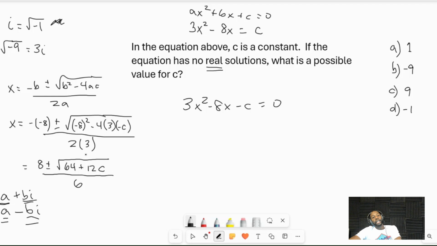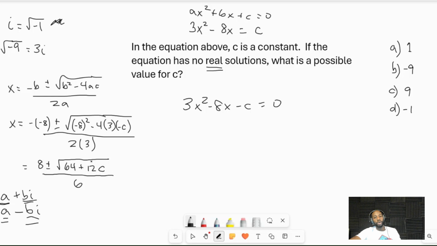There are no real solutions, so that means it has to have an imaginary part. For there to be an imaginary solution, the stuff under the square root must be negative. So you're looking for whichever answer choice gives you a negative under the square root.